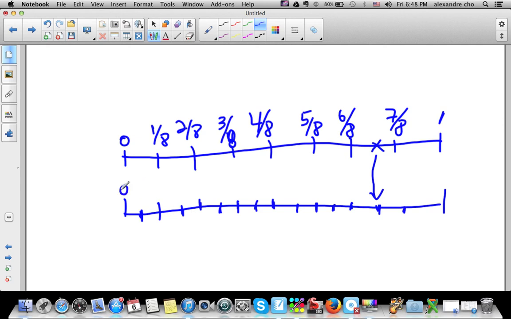So this would be 0, and since it's everything 1/16, 2/16, 3, 4, 5, 6, 7, 8, 9, 10, 11, 12. So this would be 13/16. Oh, I forgot one more here. And that would be 14/16. So our X drops right here to be 13/16. Okay.